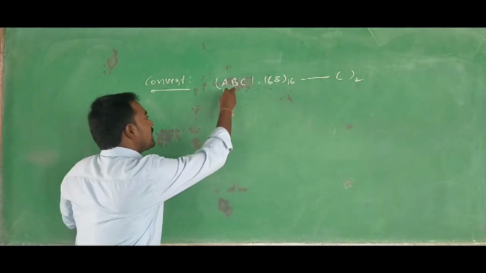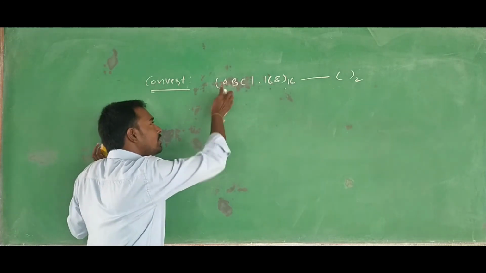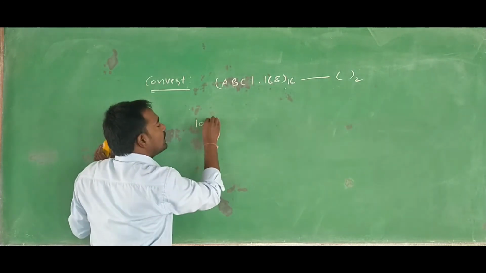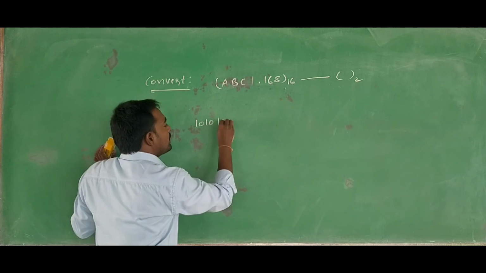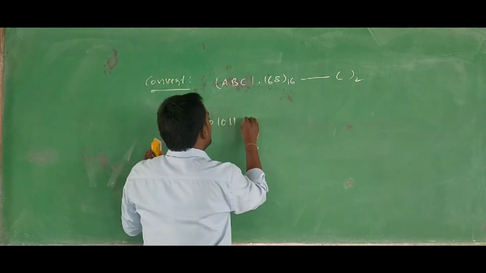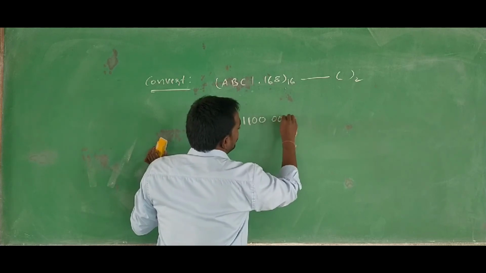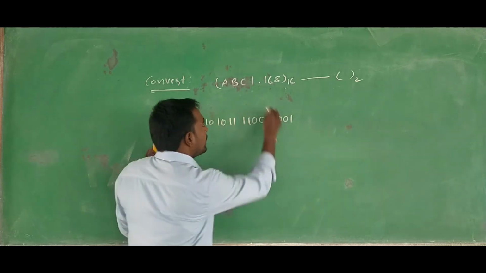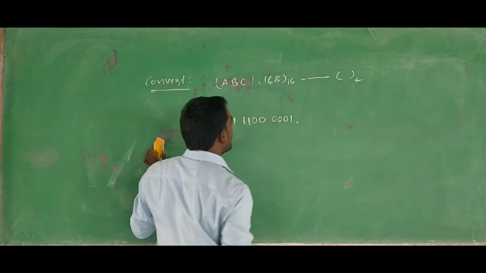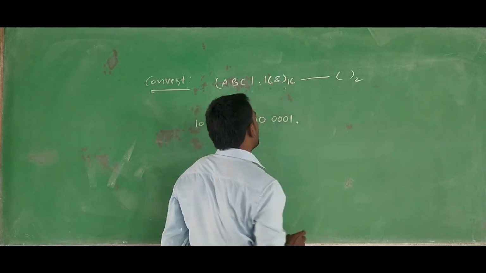So here, A is equal to 1010, B is equal to 1011, C is equal to 1100, and 1 is equal to 0001, and we have the break point, then 1 with equivalent 4 digits.